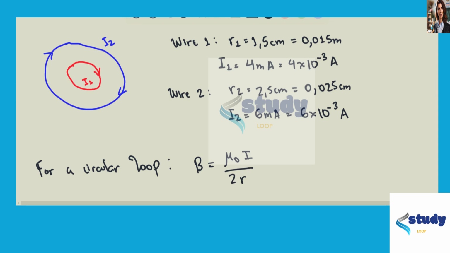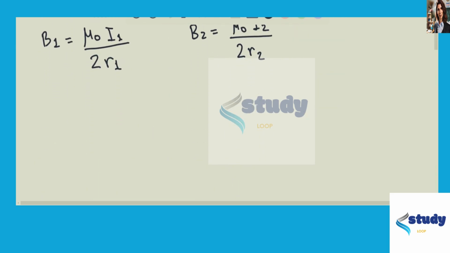Remember that you need to transform all of these values to the usual units. So we will transform centimeters to meters and milliamperes to amperes. So for B1, we have the constant mu sub 0, which is 1.256 times 10 to the minus 6.